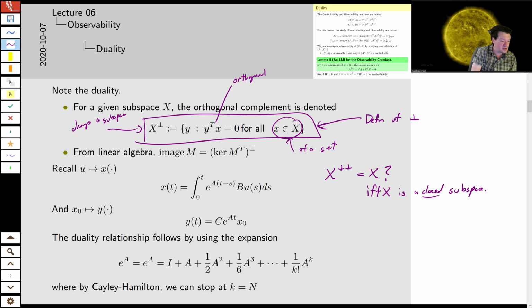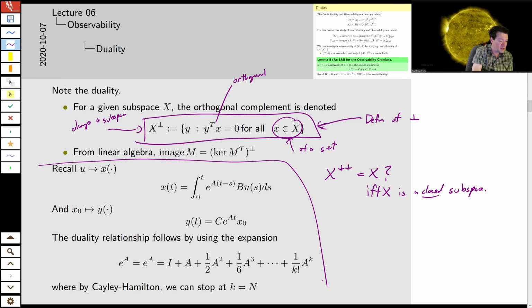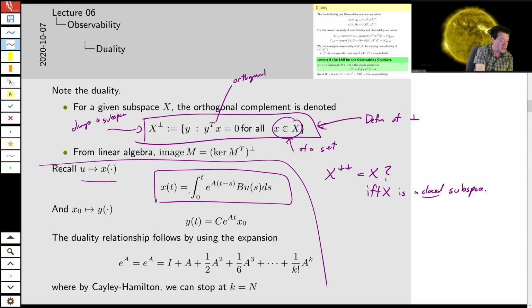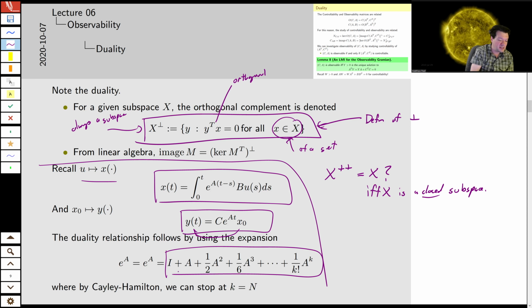All right, so, okay, and here I've got some other bookkeeping stuff. So remember the map from U to X, this was the map for controllability, and here we've got the map from X to Y. And in both of these cases, the results follow just by plugging in this series expansion of the matrix exponential here.